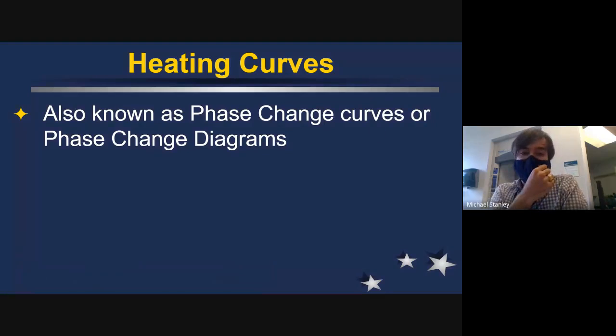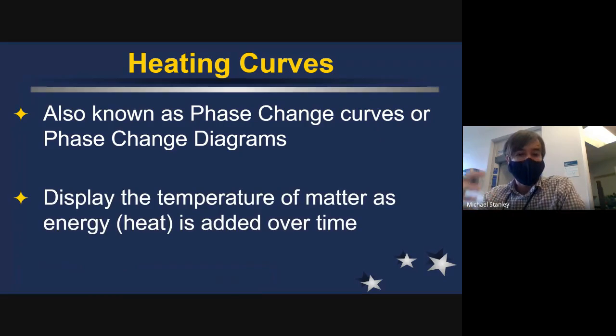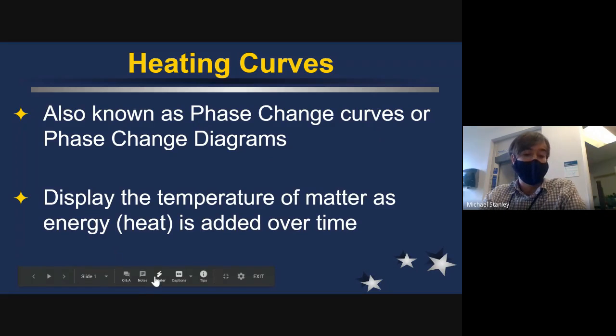So these heating curves are, like I said, a type of graph, and I'll show you what one looks like in just a second. They're also sometimes called phase change curves or phase change diagrams. It essentially shows you the temperature of a certain piece of matter as heat or energy is added over time.